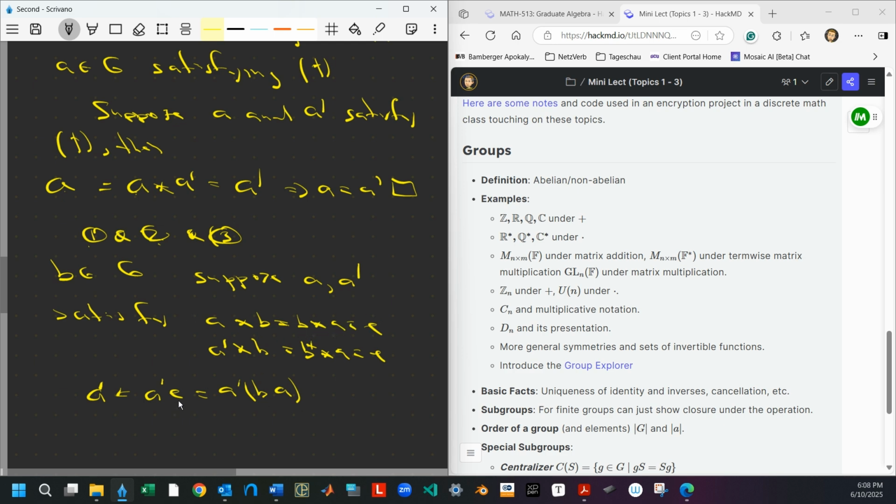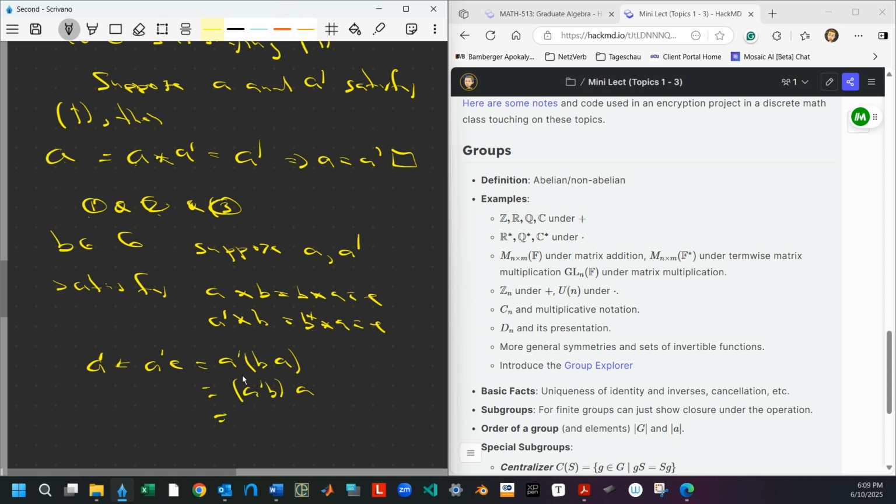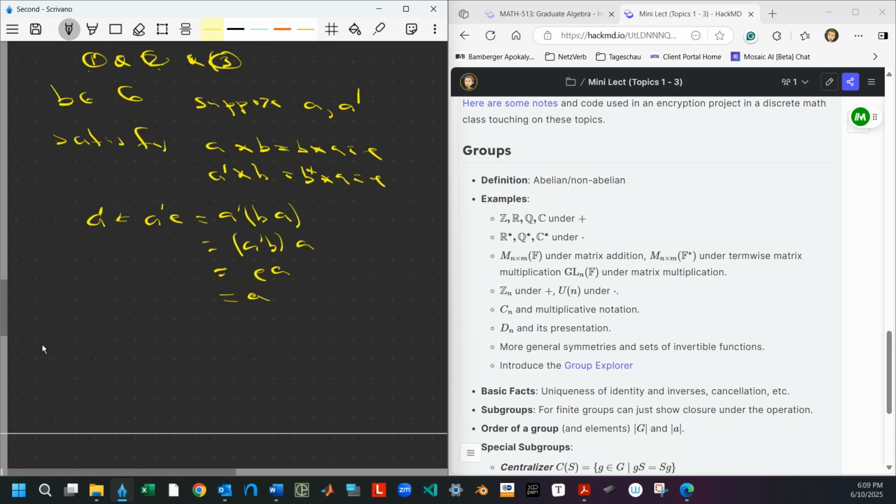And I'm dropping the star, sorry. Since we have associativity, it doesn't matter where I put parentheses, so I'm going to just drop the star. This is equal by associativity to A prime B times A. And then A prime B, because of this, is equal to E. So this is E times A, and that's just A. So I have A prime equals A. So in particular, we've proved the theorem.